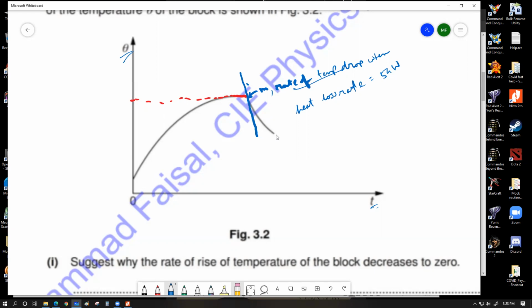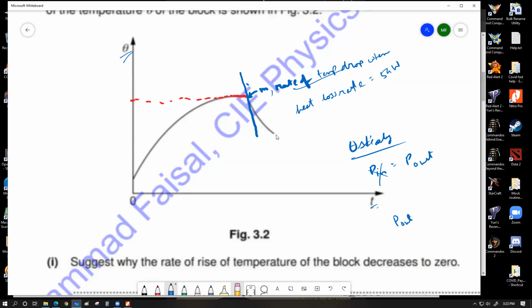Yes, sir. So for this, let me explain again: when the temperature is steady, let's say theta steady, what does it mean? Power in equals power out. When we switched the switch off, there was no power in, which means at this point we still have power out.